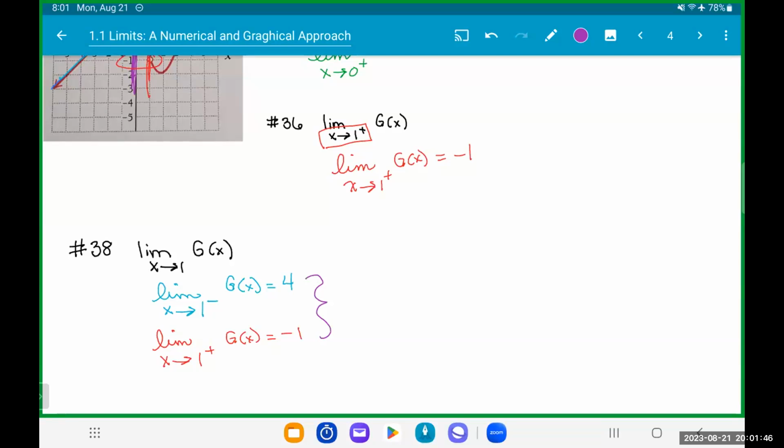In the red, as my inputs approach 1 from the right, my outputs approach -1, and thus the limit from the right is -1. And so since the limit from the left is 4, it's not the same as the limit from the right, which was -1. We would say that the limit as x approaches 1 for my g of x does not exist. And you can write that as DNE.